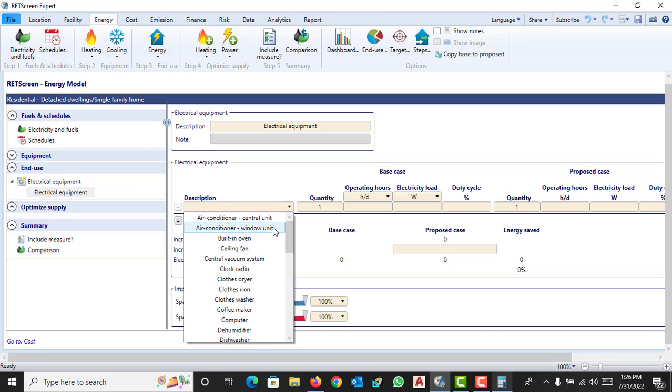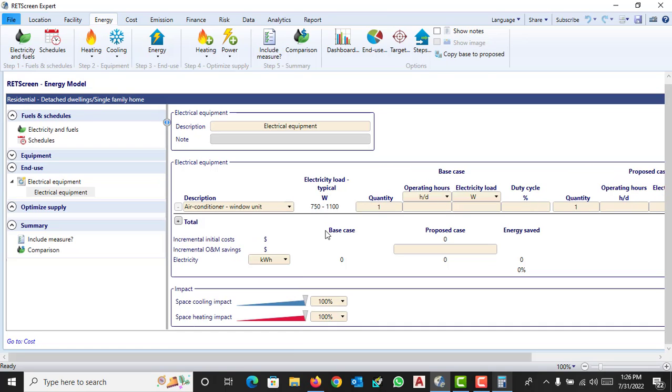I am dealing with the air conditioning window type unit. Let's suppose I have installed a conventional air conditioning unit in my home, and its operating hours are around 12 hours. I am operating this AC for 12 hours, and it's consuming around 1500 watt.